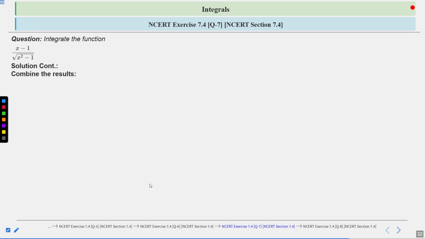Now combine the results. We substitute the results of part 1 and part 2 back into the original split integral, right?